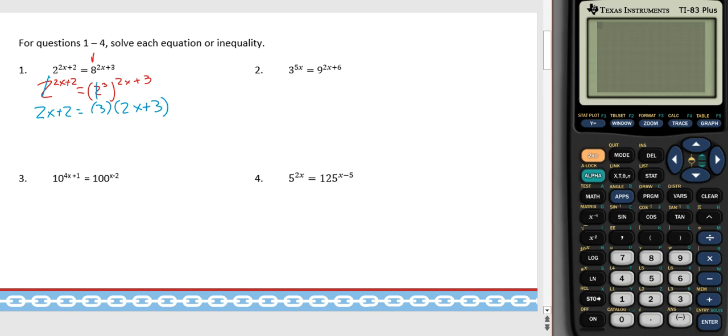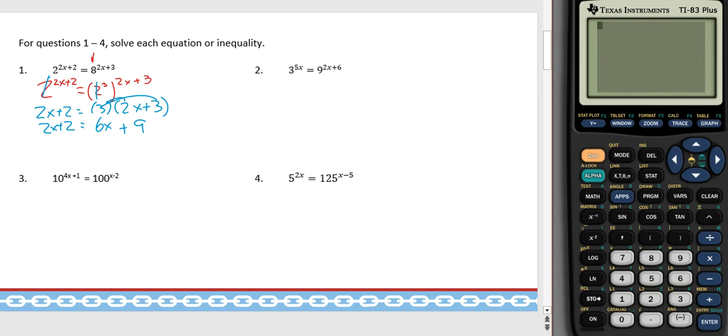A common mistake in this problem would be to forget about the distribution on the right side. So I have 3 times the quantity 2x plus 3. So remembering to distribute, this is going to give me 6x. And then 3 times the 3 is going to be 9.